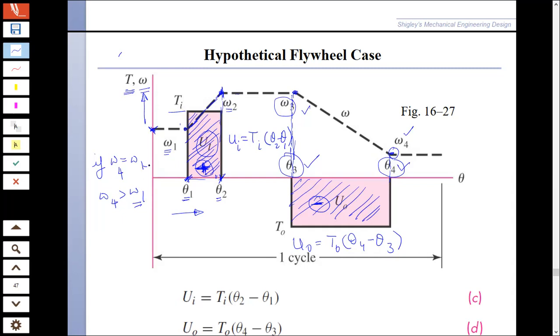Now we can have another scenario in which omega 4 is less than omega 1. So that would mean that the amount of energy that is the input to the system is less than the output of the system. Therefore, the final velocity is less than the initial velocity of the system. So these can be three different scenarios.